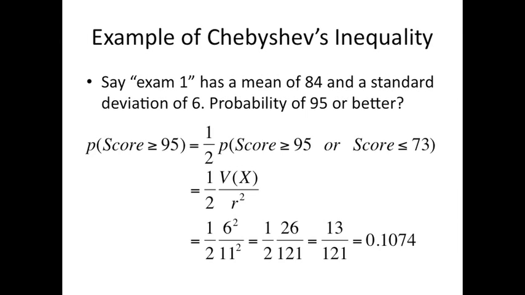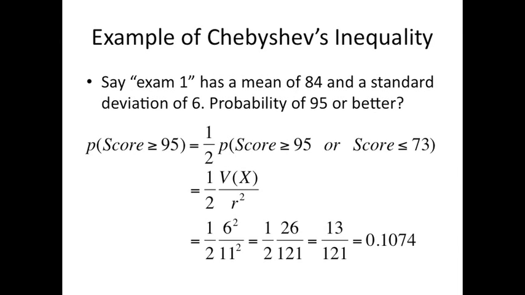In order to help you understand this better, let's go over a simple example. Take a hypothetical exam with a mean of 84 and a standard deviation of 6. A nerd in class wonders what the probability is that they got 95 or better.